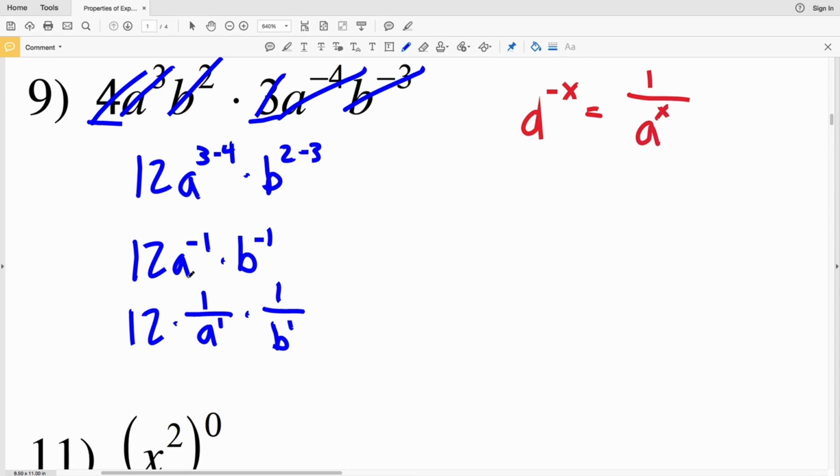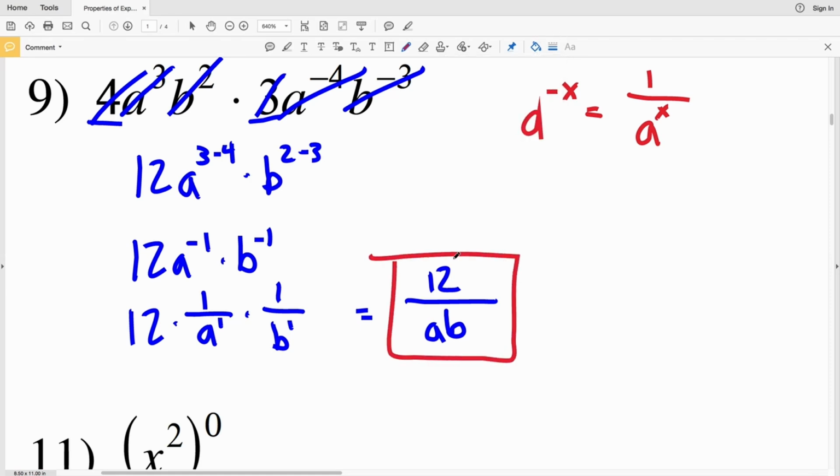That is why a to the negative 1 can be written as 1 over a to the positive 1, and same with b to the negative 1. However, a to the first and b to the first would just be a and b in the denominator, so I'll multiply my numerators, 12 times 1, which is equal to 12, all over my denominators, a times b, so ab. Therefore, in number 9, my solution is 12 over ab, or 12 divided by a times b.